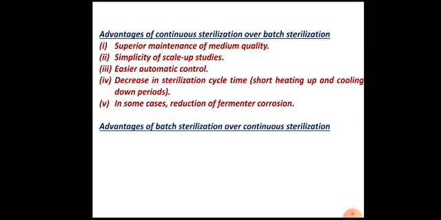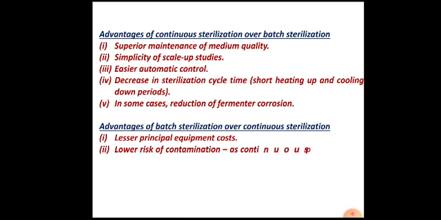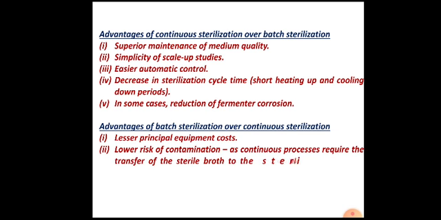There are advantages of batch sterilization over continuous sterilization as well. These advantages are lesser principal equipment cost. So the cost of batch sterilization is less. Lower risk of contamination, as the continuous sterilization process requires the transfer of sterile broth to a sterile vessel through pipes aseptically, so there may be a danger of contamination.